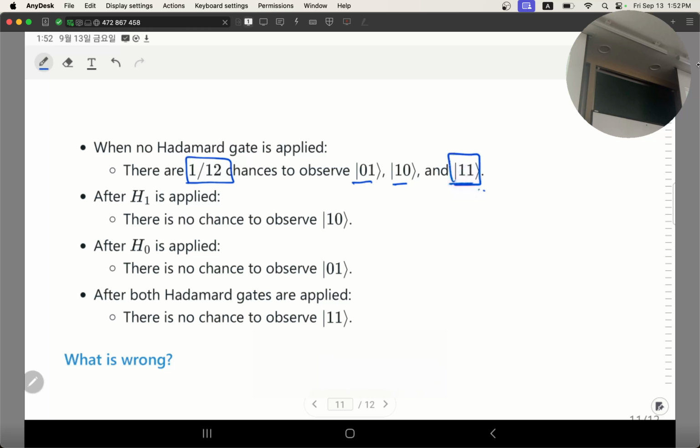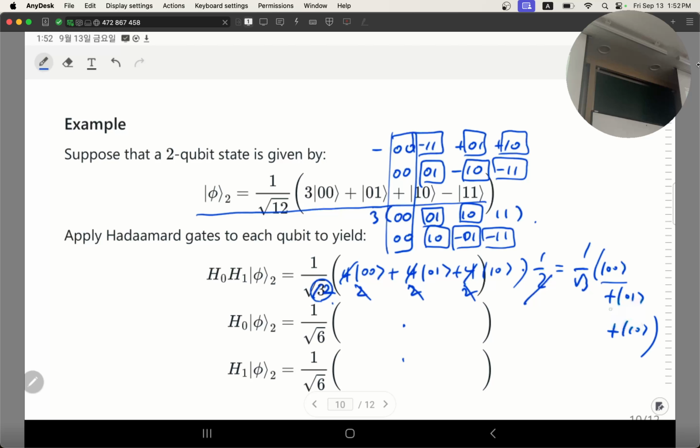But let's see. If I apply the Hadamard gate on both qubits, I don't have the 1, 1 state anymore. Mathematically, nothing is wrong. Because 1, 1 is gone, you don't observe 1, 1.